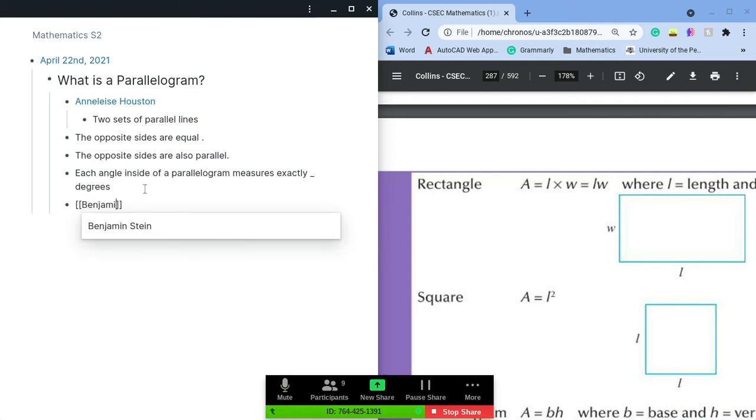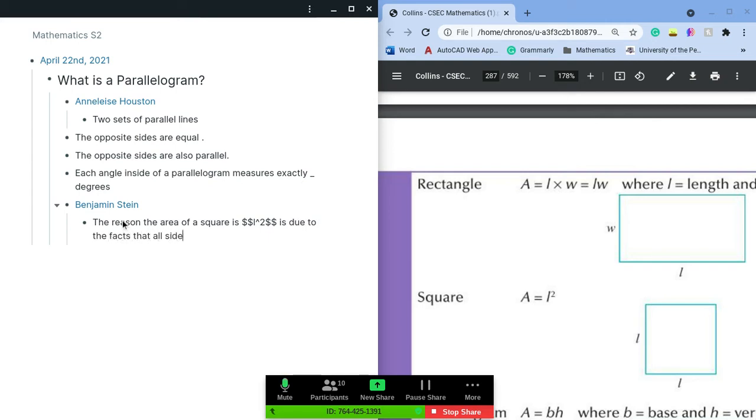Alright, so write for me, the reason the area of a square is L squared is due to the fact that all sides have the same length, which is 4 times L, right? 4 times L, or you can simply say L squared.